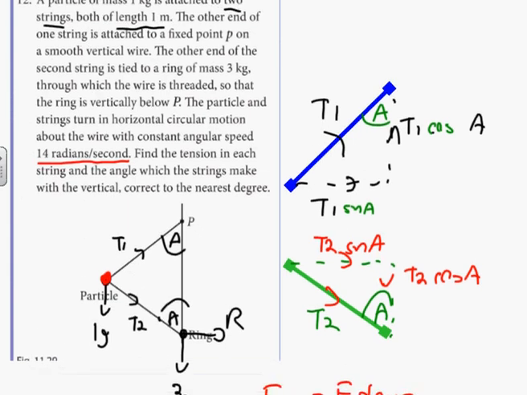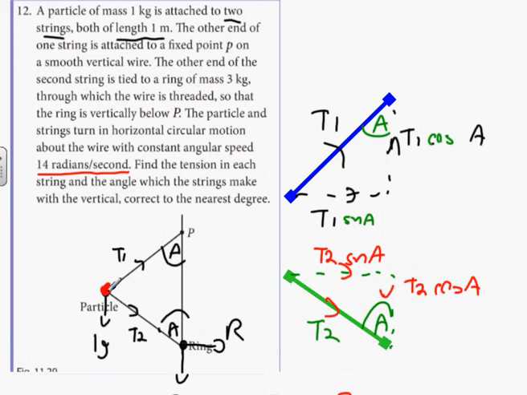Okay, so what we have to do here is find out the radius. The radius, 1 meter, A, radius. Get it in terms of sine A because it's all going to be there anyway.